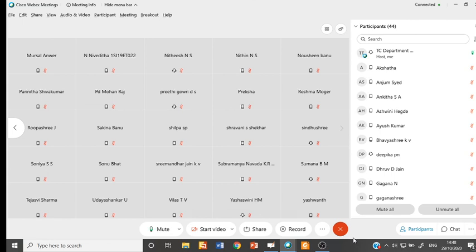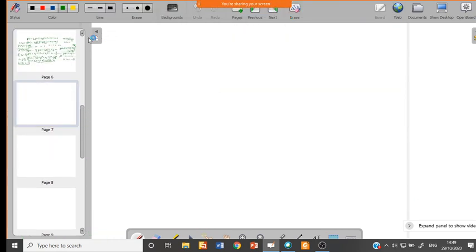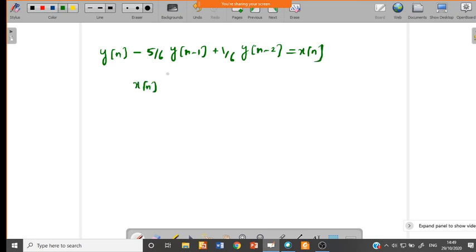So this is about the forced response. Try to do one more problem, which is given by y of n minus 5 by 6 y of n minus 1 plus 1 by 6 into y of n minus 2, which is equal to x of n, where x of n is given by 2 power n for n greater than or equal to 0.